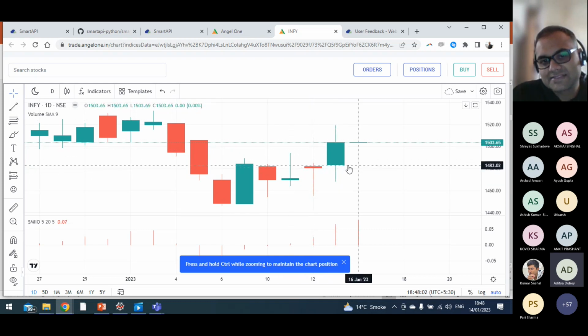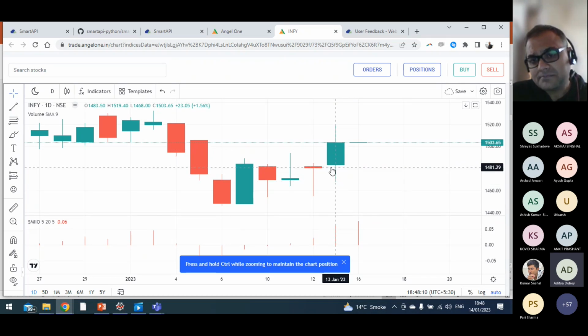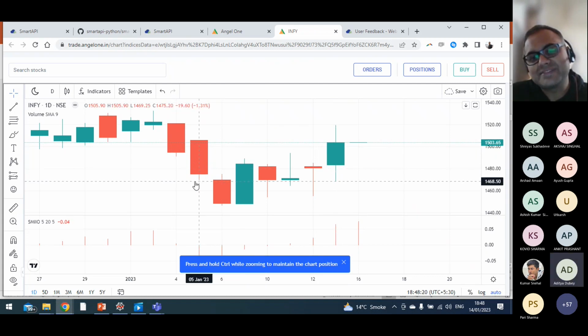If the body is green, it kind of looks blue, but let's assume that it's green. So it's green and red. If it's green, that means the stock gained for that day, so the close price of that day was higher than the open price. If it is red, that means the closing price was lower than the open price.